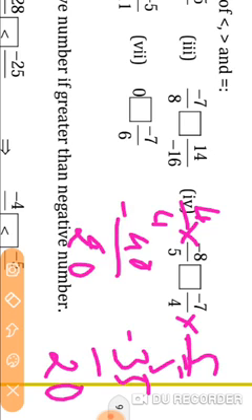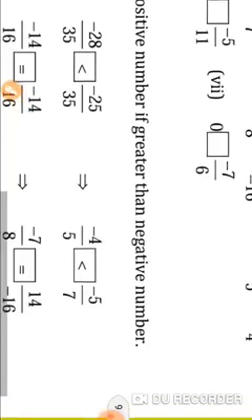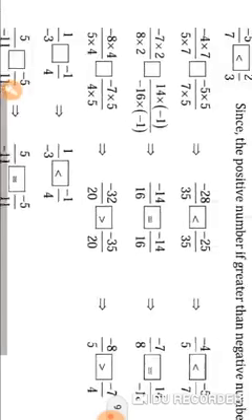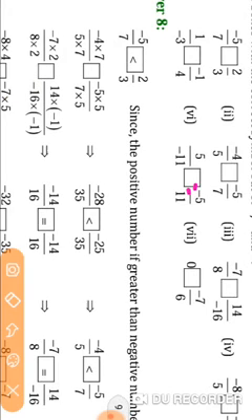Which is greater here? Minus 35 is greater, because in negative integers the lesser numeral is the greater value. Keep it in mind. The remaining ones are equal, and 0 is positive, that's why it is greater.